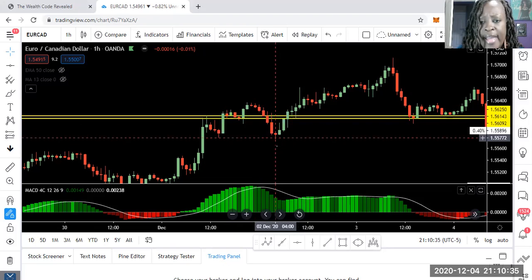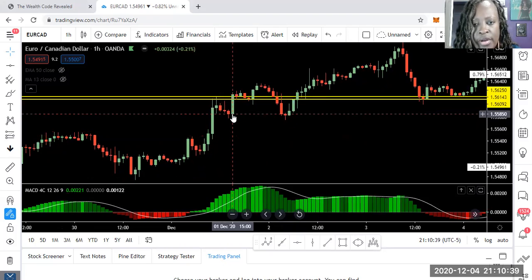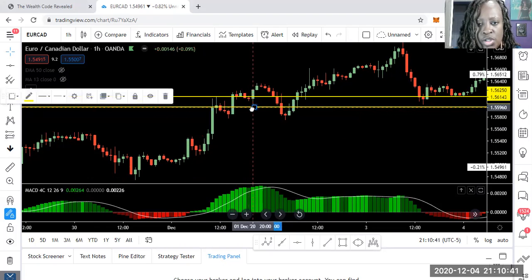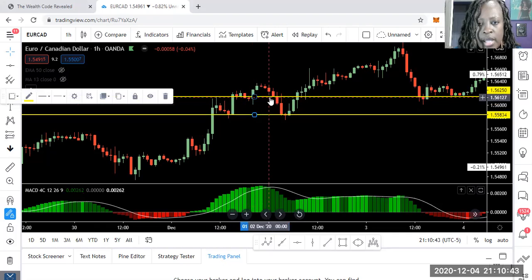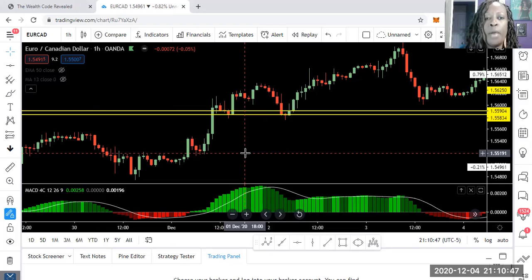So you're in the trade and price obviously went up. So let's identify another. We have another one right here. I'm just going to use this line right there. So the first thing you do is identify your bullish engulfing candle, because we're only looking for buys at this point. And then you place your horizontal line on the opening and closing of the smaller candle. That's all you're doing.